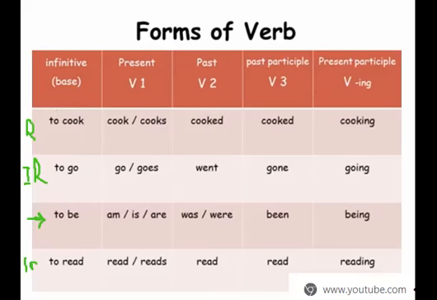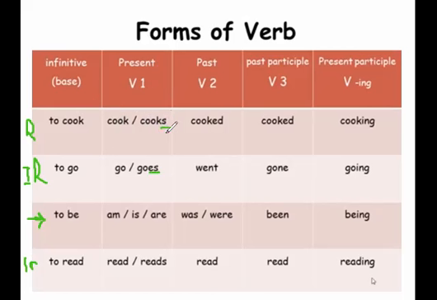Now let's study each of these in their five different forms. "Cook" changes into its present form as "cook" or "cooks". You can add either s or es to change the verb from its base to the present form.